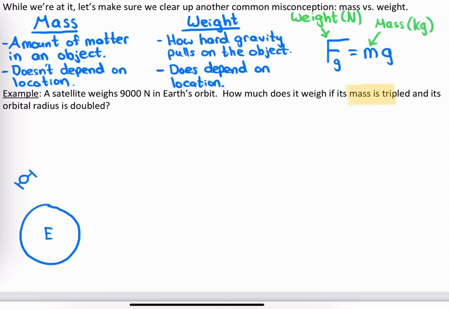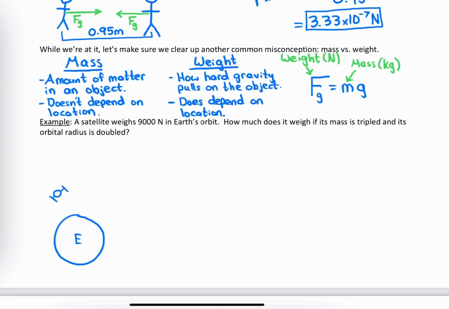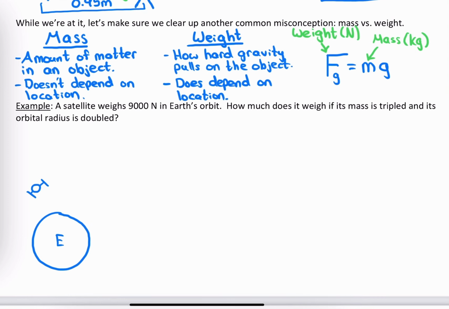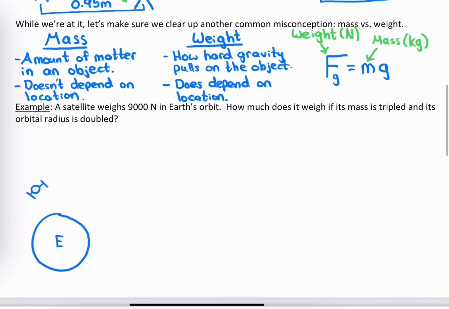The mass has been tripled, so this new satellite is going to be bigger, and the orbital radius has been doubled, so this new satellite is going to be further away from the center of the Earth. So I'll draw the new and improved satellite over here. Mass has been tripled, orbital radius has been doubled.